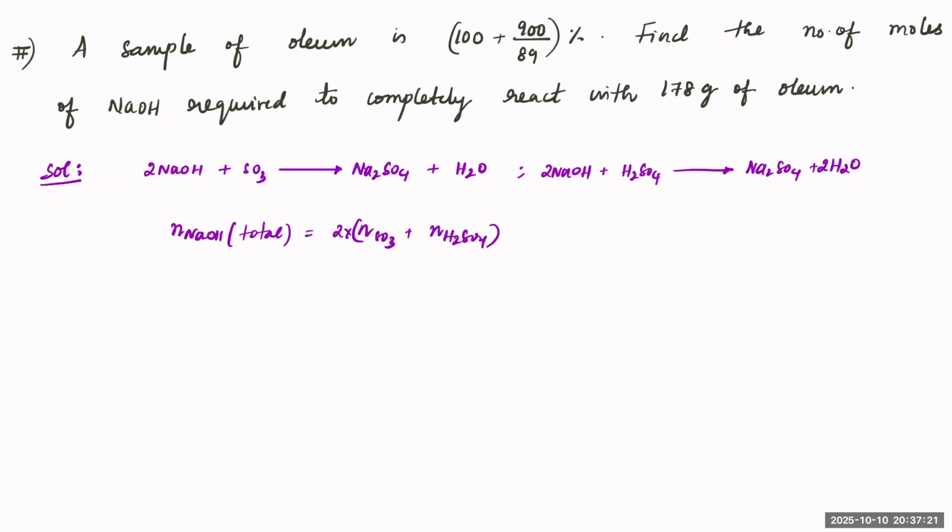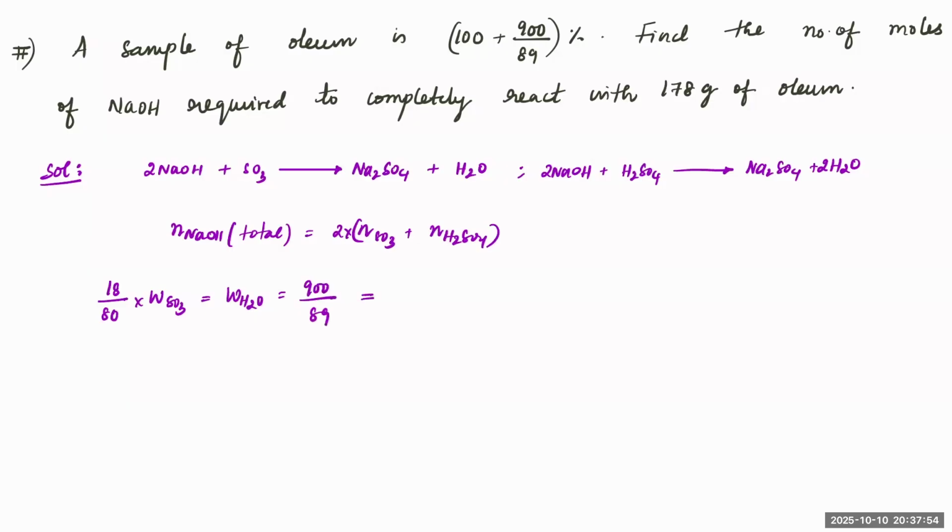You note that while labeling, this part specially represents the amount of water that needs to be added. So let us put that into the picture here. That is 18 by 80 into weight of SO3, which is equal to the weight of H2O that needs to be added, which is 900 divided by 89 given.